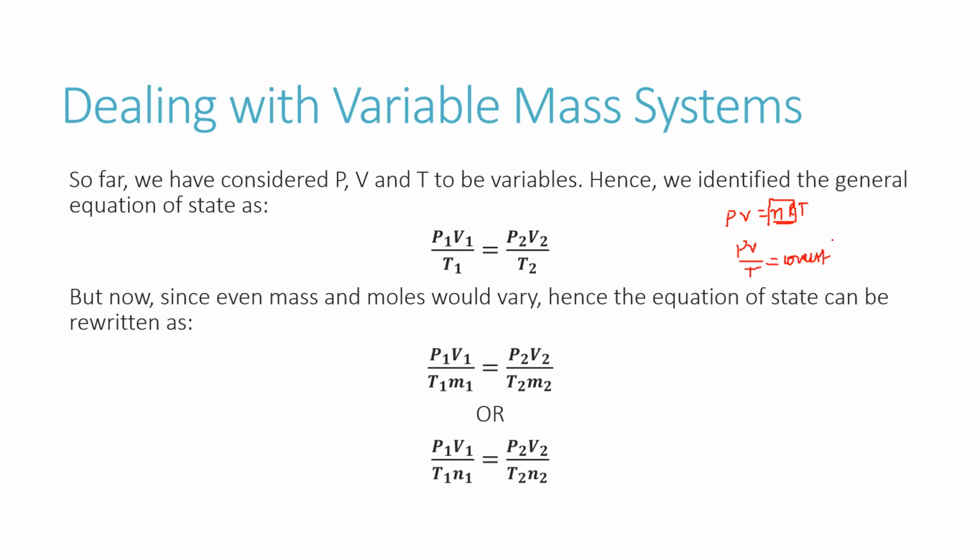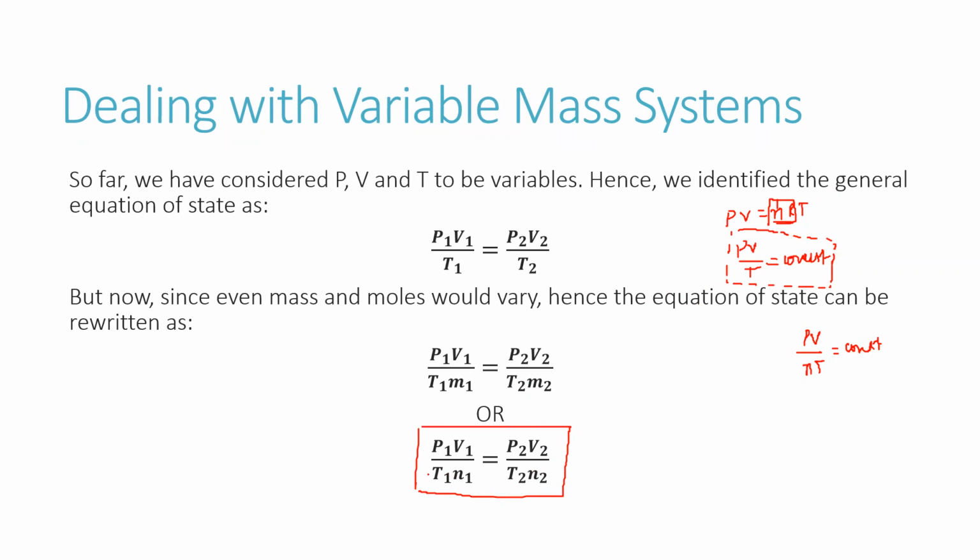But now I'm considering a variable mass system. If my mass is variable, then even n is variable, so the only constant left is R. So we'll have PV by nT constant. Therefore, we can form P1 V1 by n1 T1 is equal to P2 V2 by n2 T2.